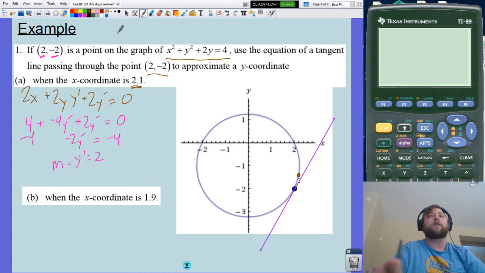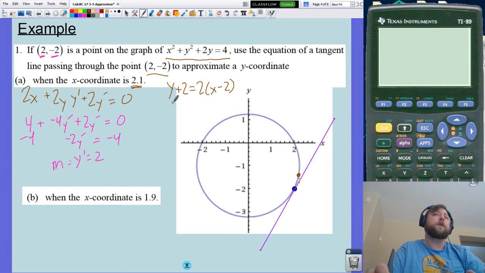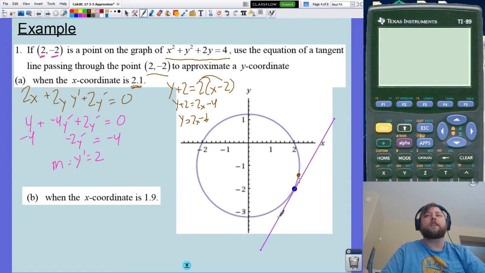I can write my equation as y minus -2, so y plus 2, equals 2 times x minus 2. There's my equation of the tangent line. Let's put it in y equals form. Distribute: y plus 2 equals 2x minus 4. Subtract 2, y equals 2x minus 6. So that's the equation of this line.